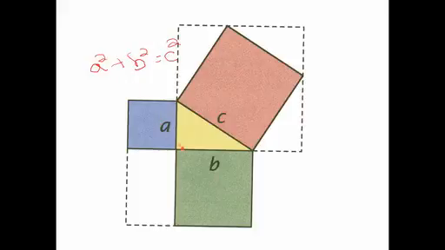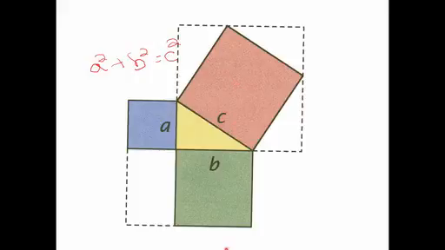So if we add the areas of these two squares drawn on the legs together, the Pythagorean theorem says that if you take the hypotenuse and draw a square on it and find the area, since it's a square, it would be C times C, or C squared, those two would be equal. In other words, the area of the squares on the legs is equal to the area of the square on the hypotenuse.